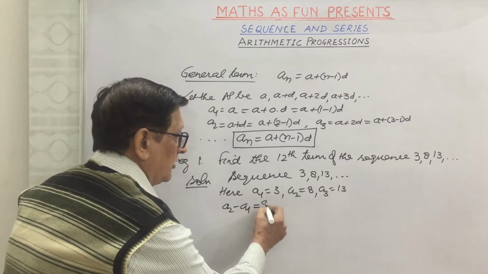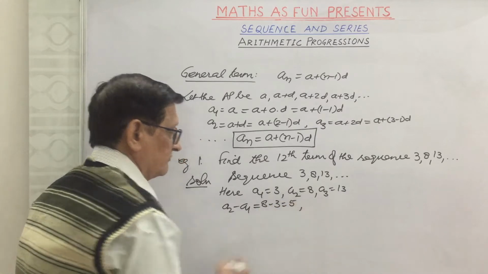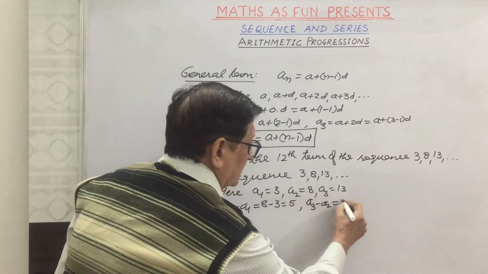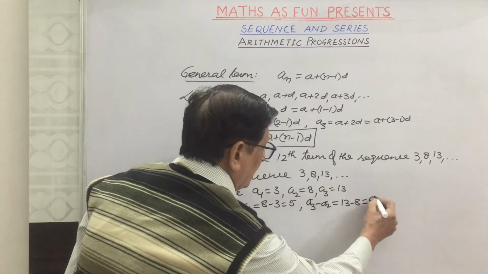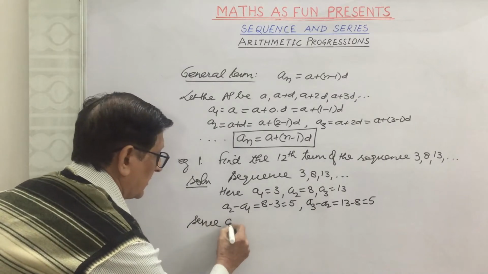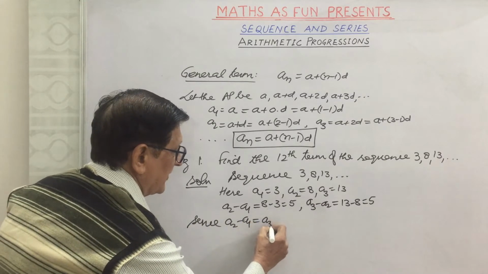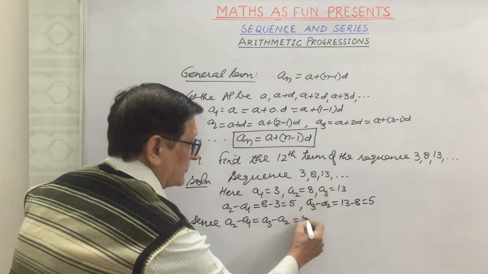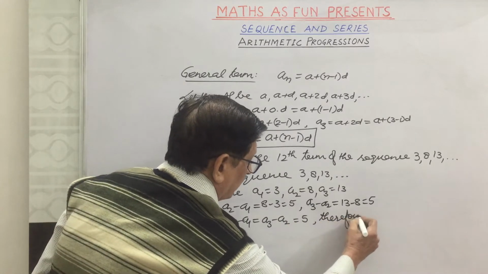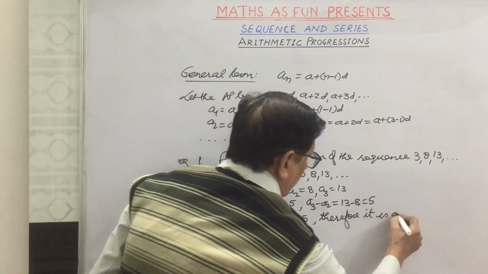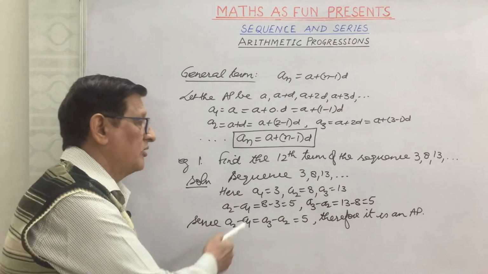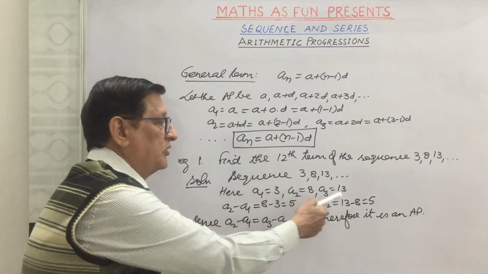That is 8 minus 3, which is 5. a3 minus a2, that is 13 minus 8, which is also 5. So we can write, since a2 minus a1 is the same as a3 minus a2, equal to 5, therefore it is an AP. And like this we can check whether a given sequence is an AP or not.